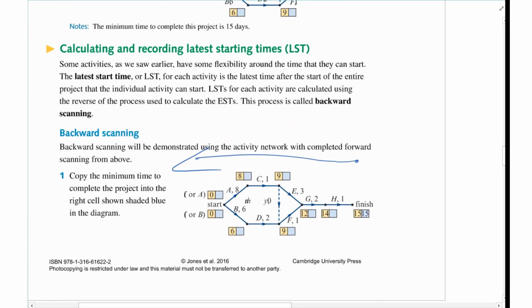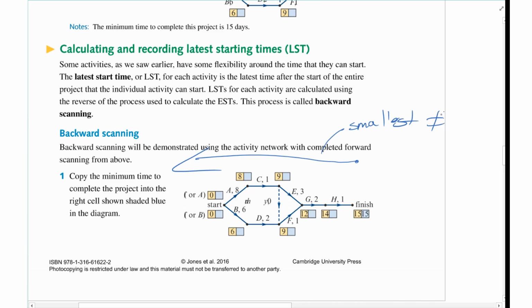When we're going to backward scan, going backwards, it's going to be the same process of doing it, and I'll show you in practice how we use it. But what we're looking for is the smallest number. Okay, so that's what we keep in mind as we go through.